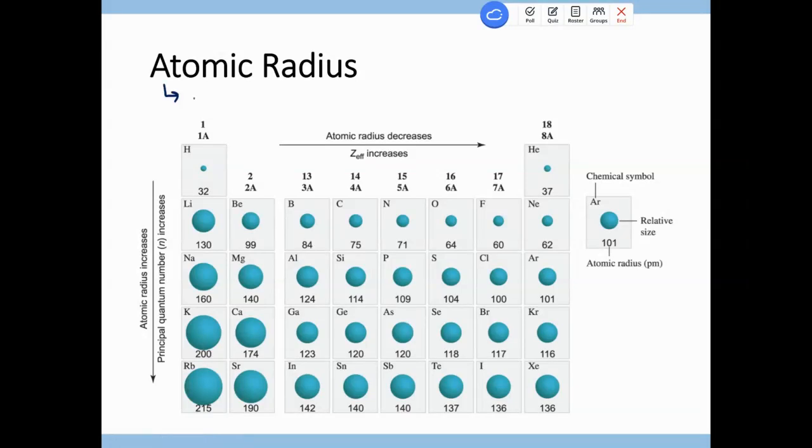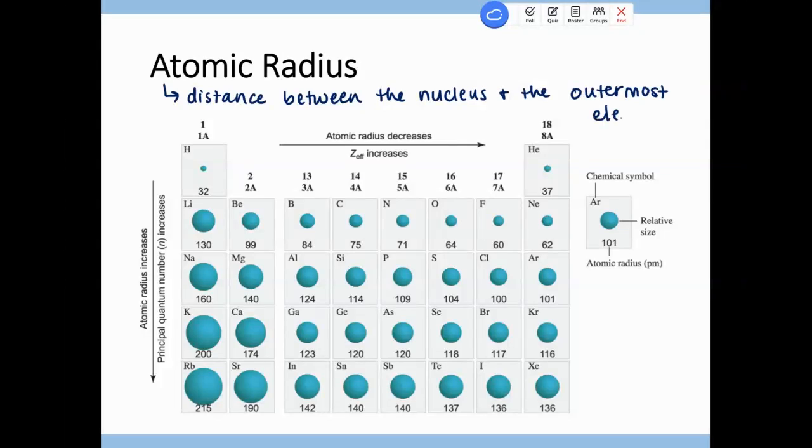So atomic radius is the distance between the nucleus, so the center of the atom, and the outermost electron. So small atoms, small atomic radii.